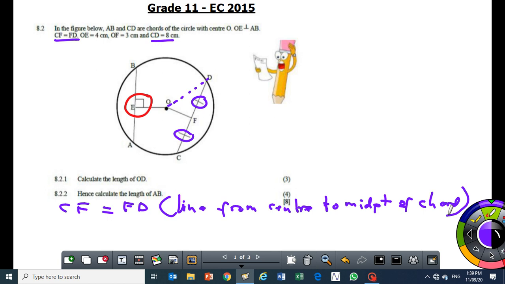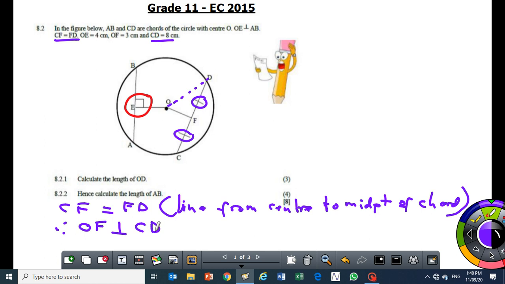If the line originates from the center of a circle and passes through the midpoint of a chord, then it bisects the chord, therefore it will be perpendicular to that chord. So then you can say therefore OF is perpendicular to CD.